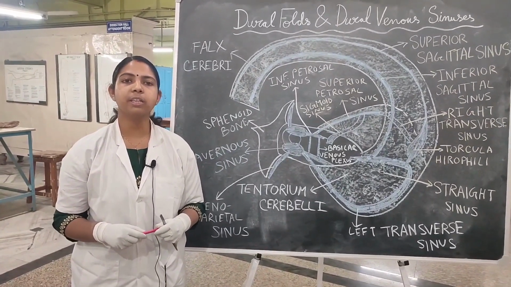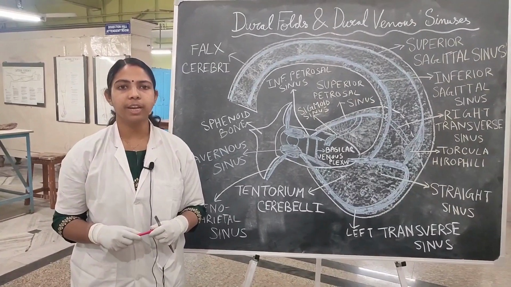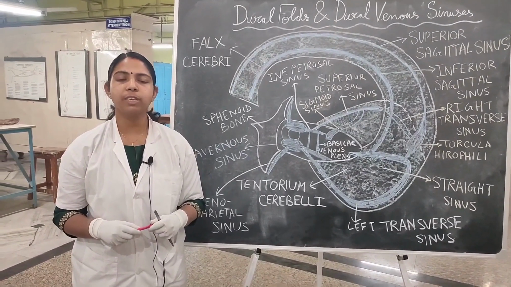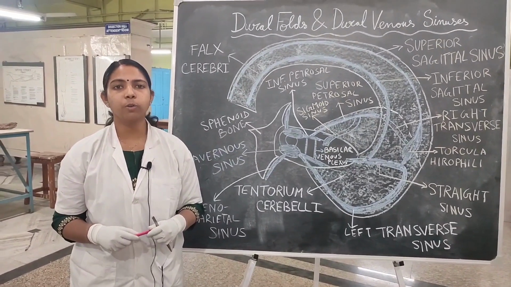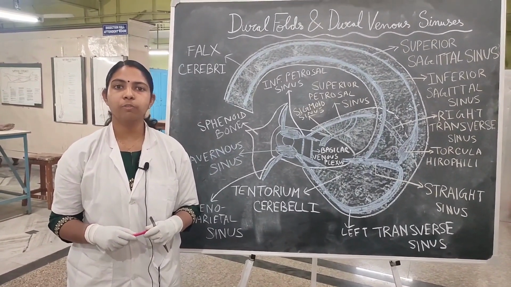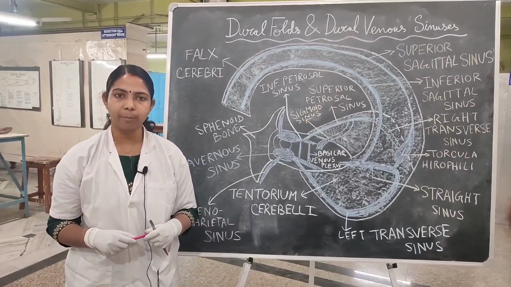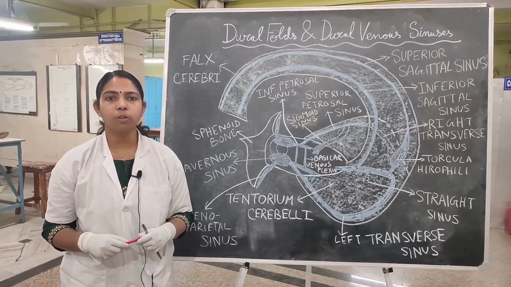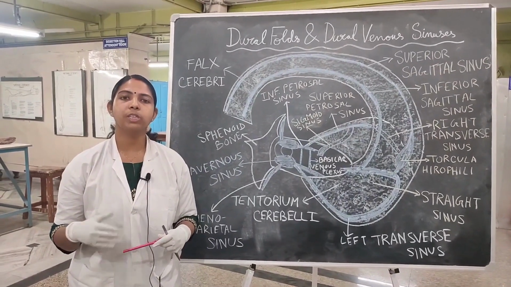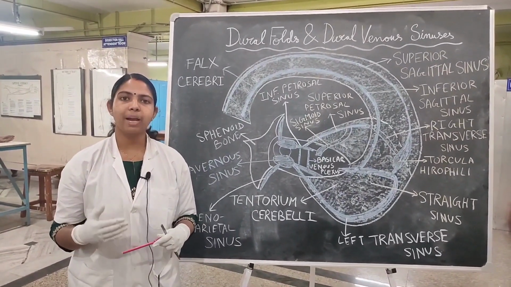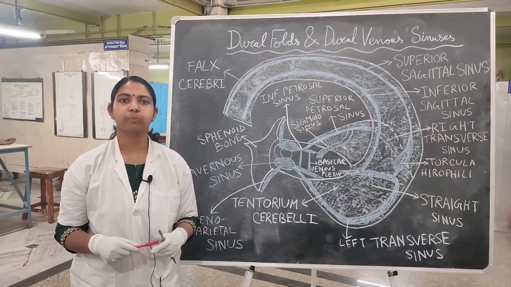The cavernous sinus is closely related to cranial nerves 3, 4, 6, the first and second divisions of the trigeminal nerve, and also to the internal carotid artery. Infection can lead to ophthalmoplegia, and it can also cause arteriovenous anastomosis, which is expressed as pulsating exophthalmos.